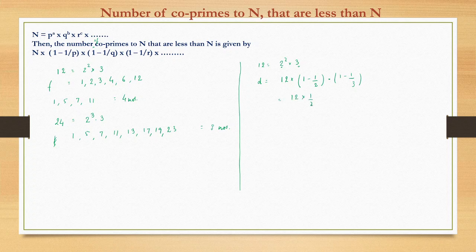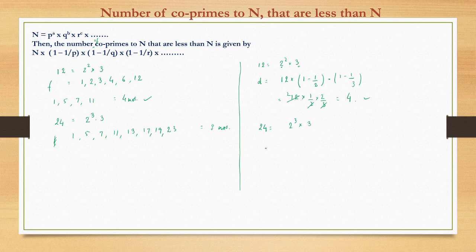So here it becomes 12 into 1 by 2 into 2 by 3. From here directly we can get four, there are four numbers, right? And here we had got four numbers, the same as what we are getting here. Now for 24, it can be written as 2 cube into 3, right?